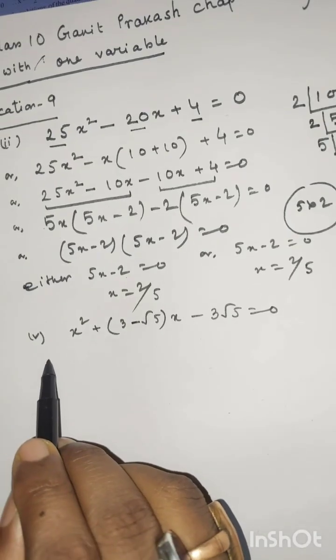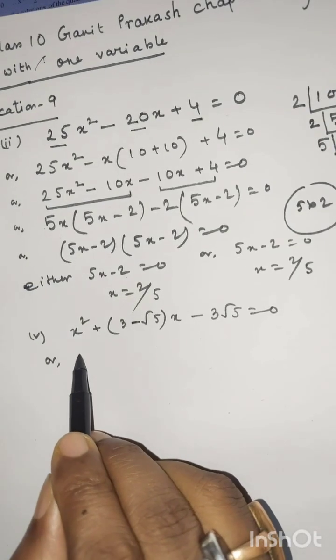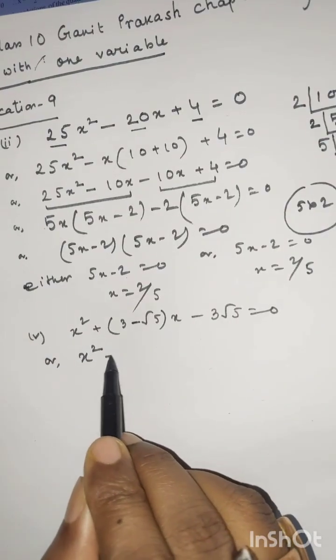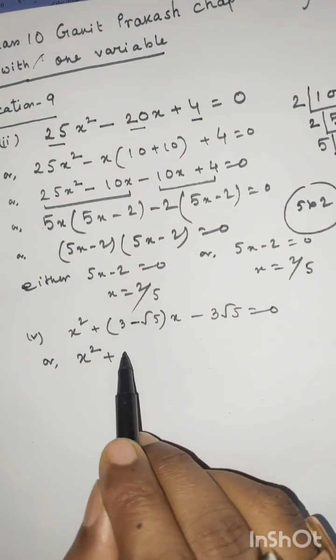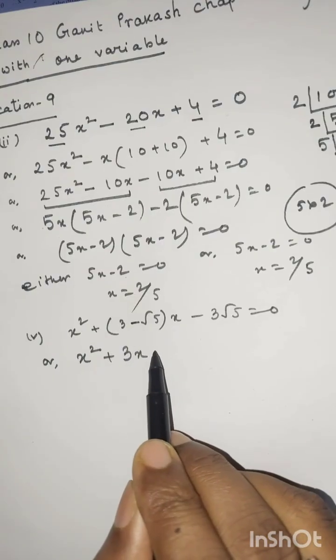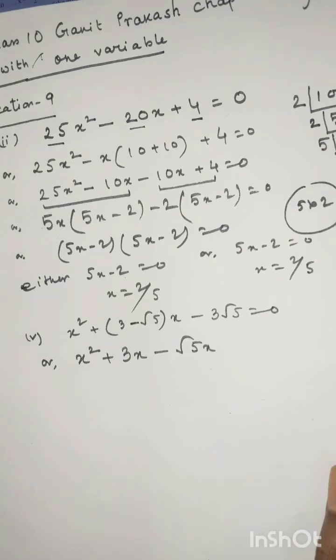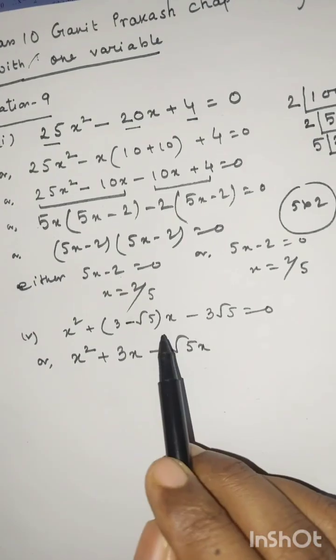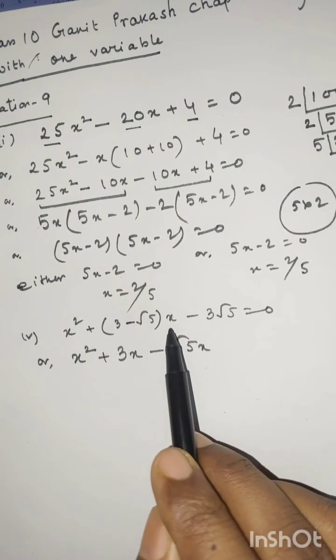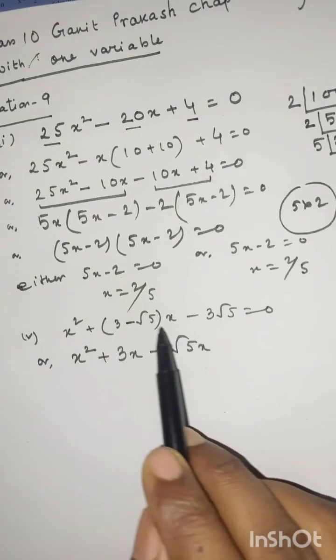So we can write x square plus 3x minus root 5 x. We can simply open the bracket and multiply x to these numbers.